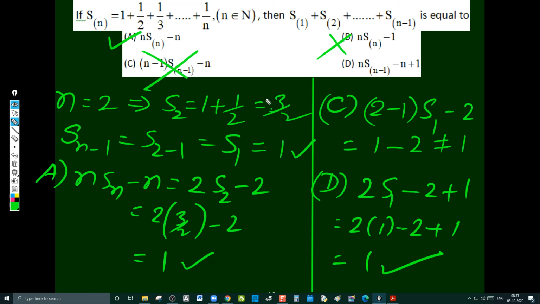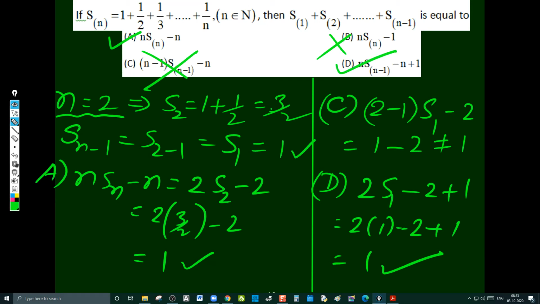So what did I do? I gave a value n is equal to 2 to the given expression, and by giving the value I verified the options. So D is also correct. A and D are the options here.